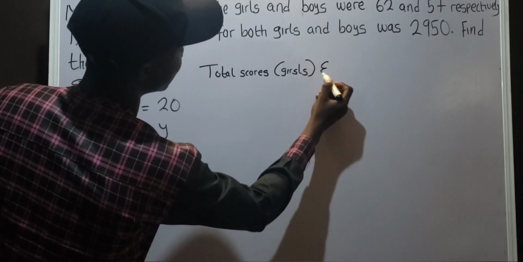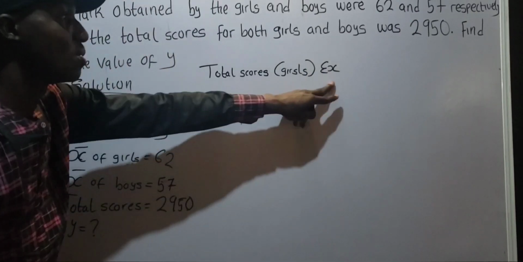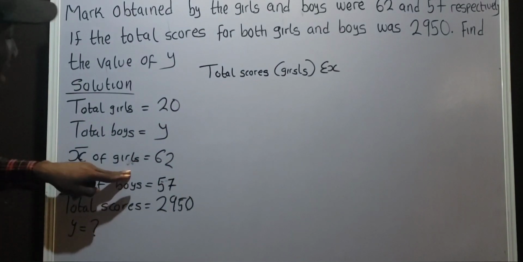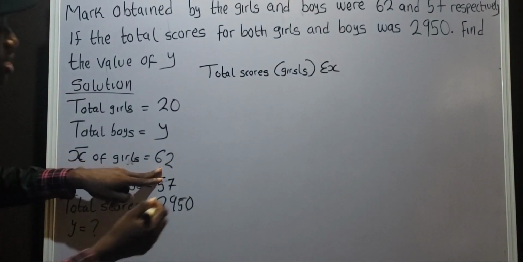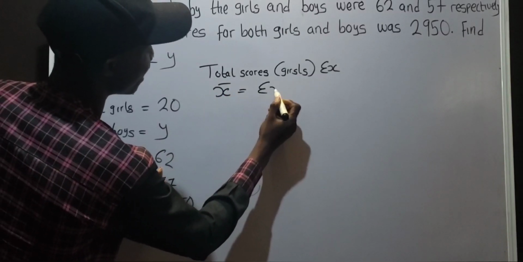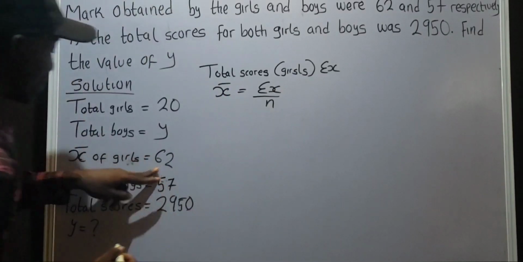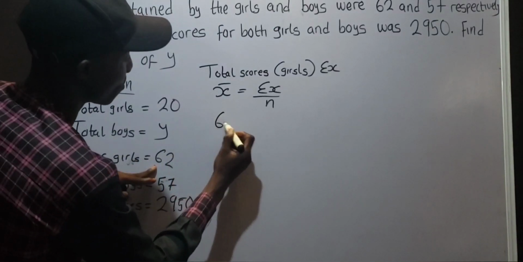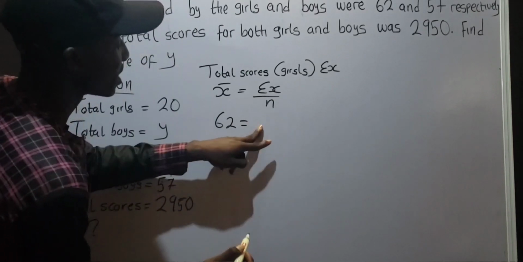That will be summation x, the sum of all the scores for the girls. That is the total scores. Since I've been given that the mean value of girls is 62, I can say that the mean value is equal to summation x all over n. So the mean mark of the girls is 62. So I'm going to have 62 is equal to summation x.